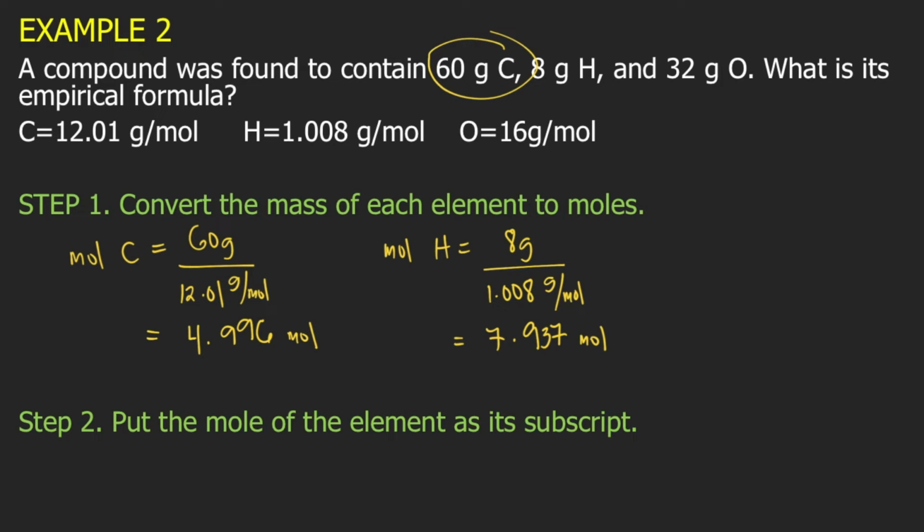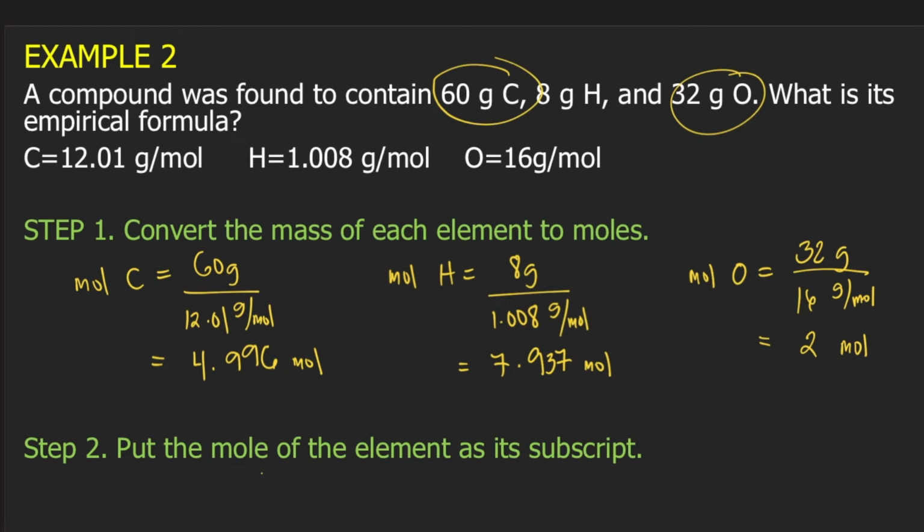And for oxygen, the mass given is 32 grams divided by the molar mass of 16 grams per mole. That's equal to 2 moles. For step 2, we put the moles as the subscript. So we have C 4.996, H 7.937, and O 2.